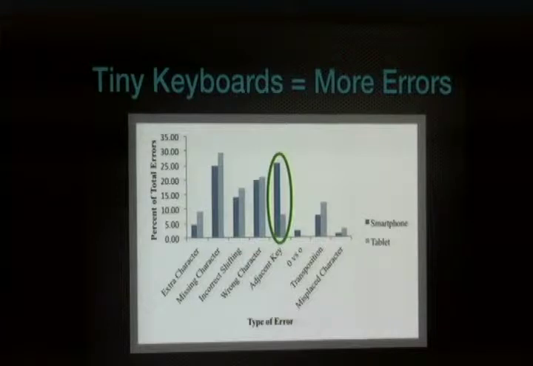Contrast that with about 1,200 in the tablet study, and 2,100 in the mobile study with the smartphones. So basically, smartphones have 4 times more errors overall than the desktop study did, and tablets had about 2.5 times more errors. So just changing the device is impacting people's ability to input passwords dramatically. This is huge.